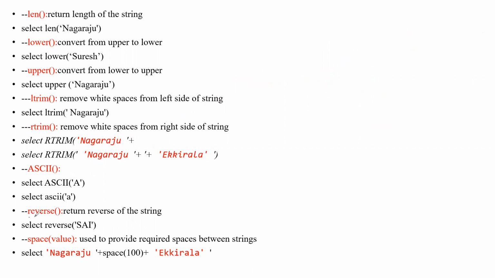And if you want to reverse, we can use the reverse function. Say here, select reverse Sai. What is the output? I-A-S. Yes. Now, if you want to insert some space, for example, here I'm using Nagaraju Ekirala and Nagaraju Ekirala.